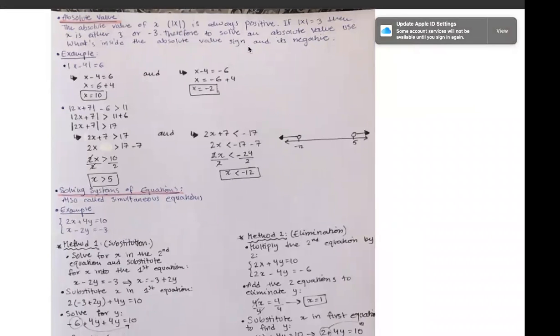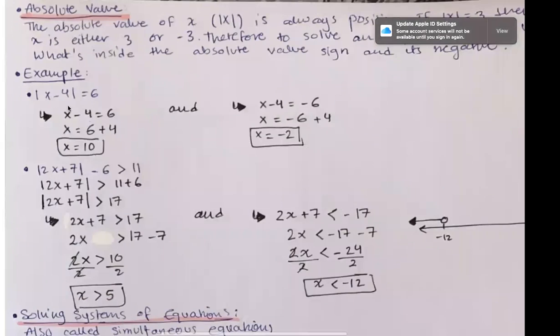Therefore, if you want to solve an absolute value, you have to take what's inside the absolute value and multiply it by a negative sign to solve. So you have to solve it for two things. Once when it's normal, when it's the same thing, and then once when it's multiplied by a negative sign. You're gonna understand more when we solve an example.